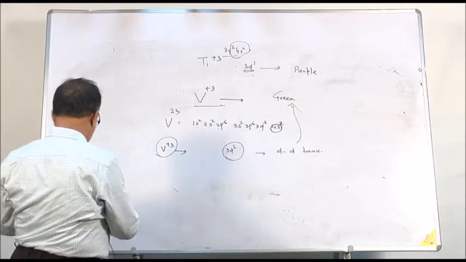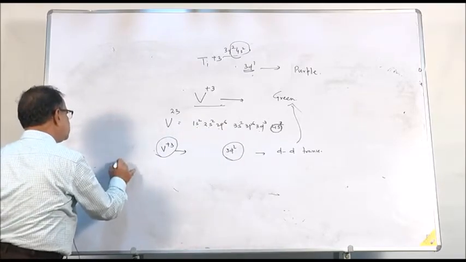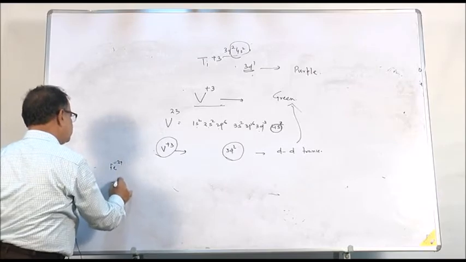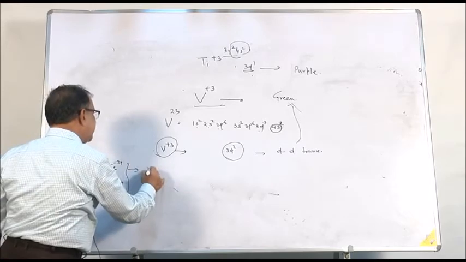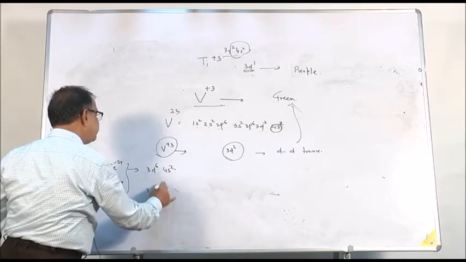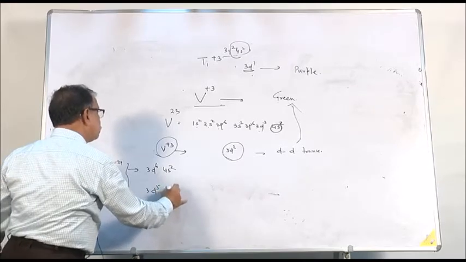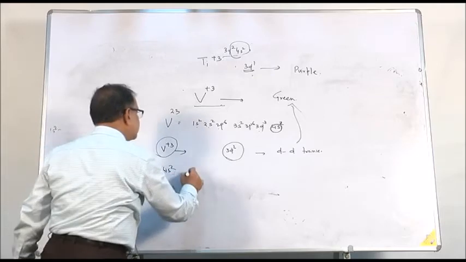Similarly, you can find the number of colors for ferrous Fe2+ and Fe3+. The configuration is 3d6 4s2. After removal of 2 electrons, the configuration of Fe2+ will be 3d6.